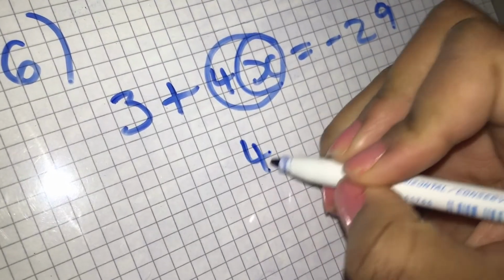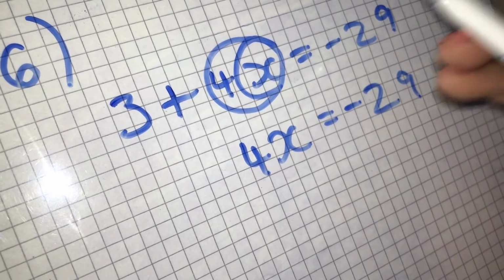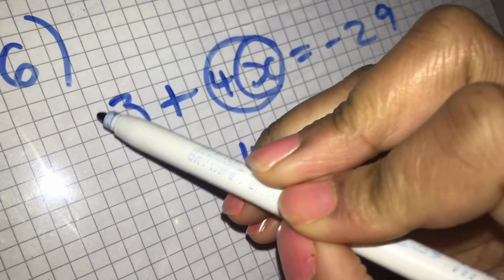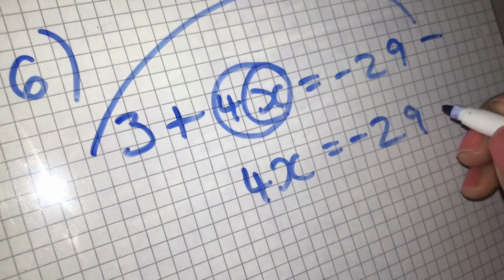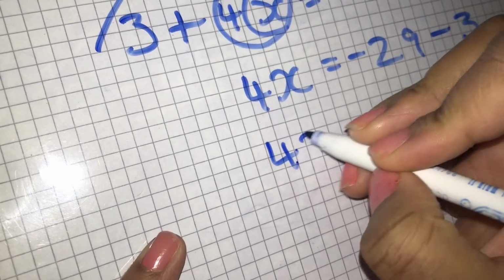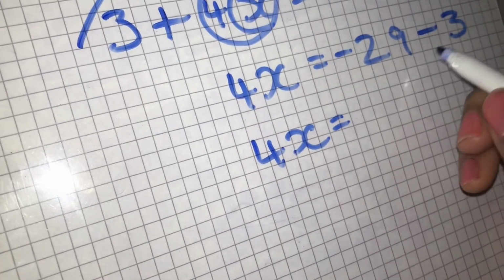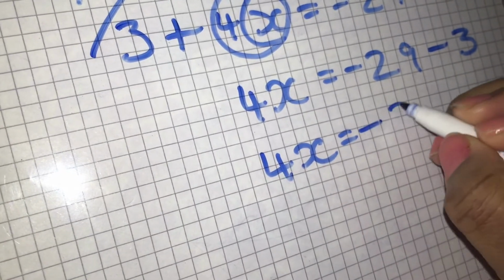This plus 3, we're going to move it over, it's going to become a minus. So this becomes 4x equals minus 29 minus 3, which is minus 32.